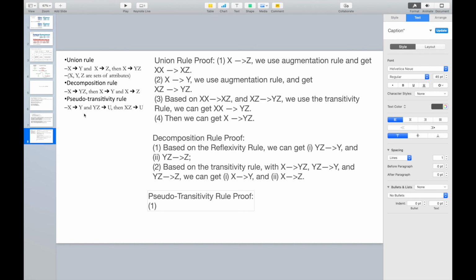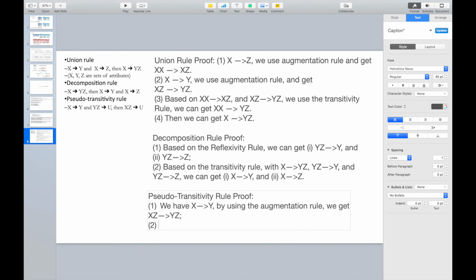Given X implies Y, what we can do here is to use the augmentation rule. We get XZ implies YZ. We add Z to both the left and right-hand sides, and we get XZ implies YZ.